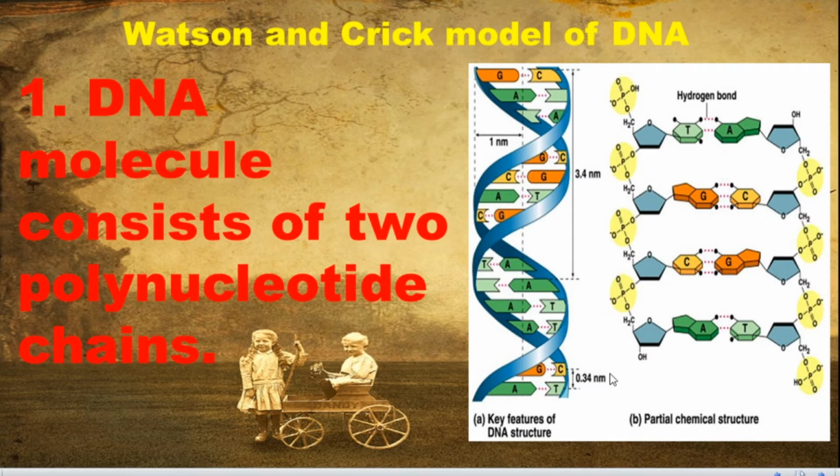Watson-Crick model of DNA. First point: the DNA molecule consists of two polynucleotide chains. What are polynucleotide chains? We will study nucleotides in the next slide. This is one chain, and this is the other nucleotide chain. The chains contain sugar, phosphate and hydrogen bonds, but we should know that two polynucleotide chains simply means this one and the other one.